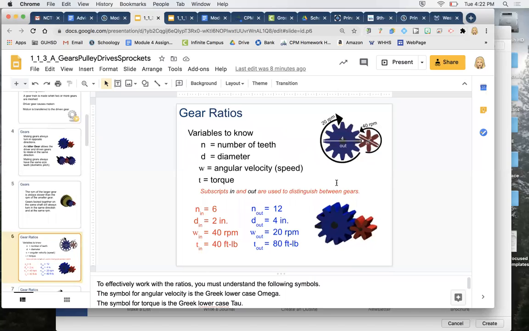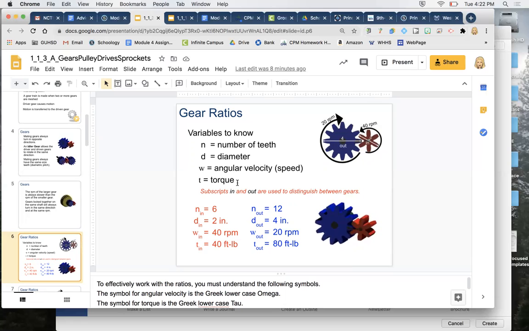Now we're going to be talking about gear ratios. We're actually going to see on the next slide that we have a lot of different formulas for that. You can use the number of teeth in order to get a gear ratio. You can use the diameter of your actual gears to get a gear ratio. You can use the angular velocity, or the speed, or you can use the torque.